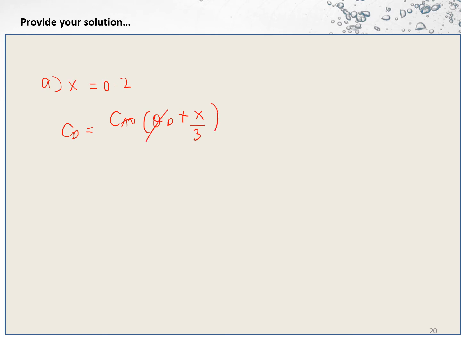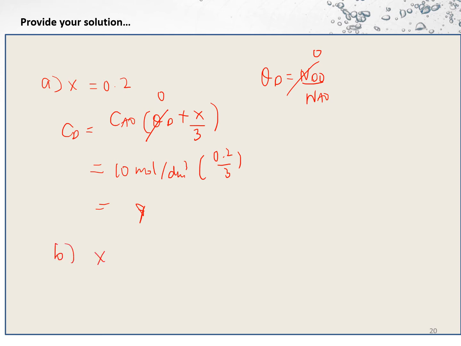Theta D we can make as 0 because theta D is equal to ND naught over NA naught, and there's no value for D at D0, so we can cancel it here. So you just put CA0, which is 10 mole over decimeter cube, times 0.2 divided by 3, and you will get the answer here. Same formula is used for X equal to 0.9 to get the CD.